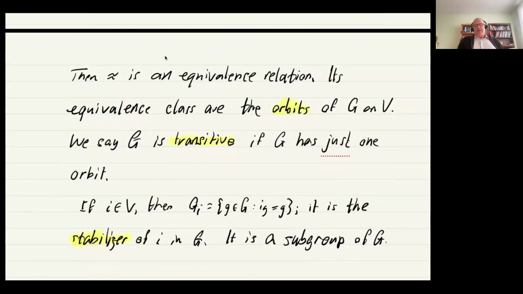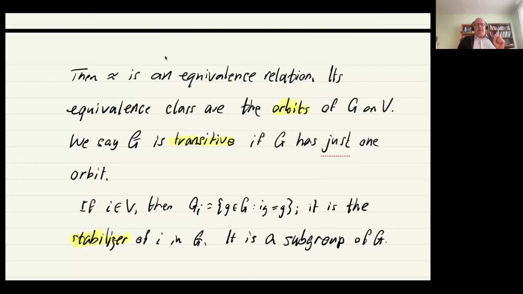So the group is transitive if, given each pair of points U and V, there's an automorphism that maps U to V. There might be more than one, but there's at least one. So a transitive group is a group that has exactly one orbit. And I don't think I wrote it down, but a graph is transitive if its automorphism group is transitive on its vertices.